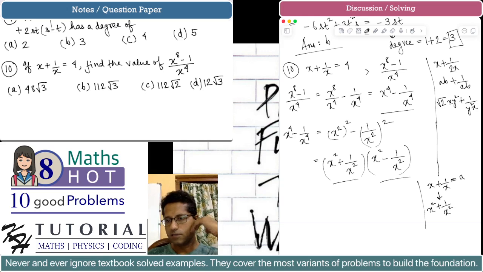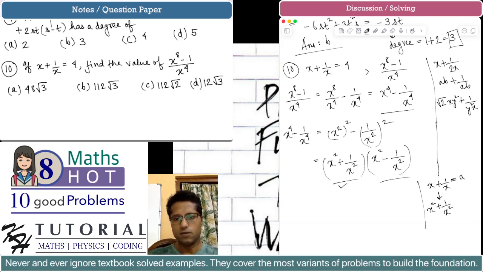Also, if you are given x minus 1 by x, from there also you can always find the value of x square plus 1 by x square. That is the catch. So we need the value of x square plus 1 by x square and also the value of x square minus 1 by x square. Now let's first find this.